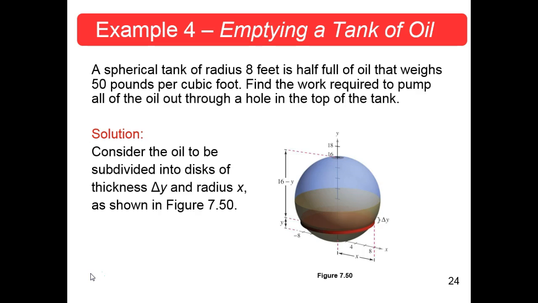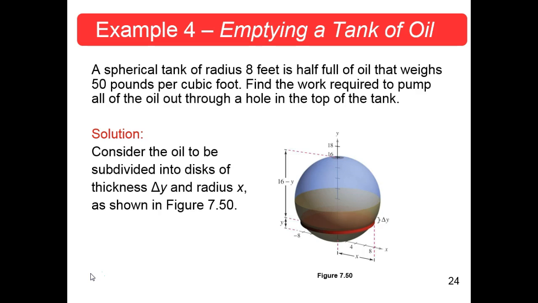Okay, radius 8 feet, and what they have drawn here is the XY axis. The X is at the bottom of the tank, which is a good place for it, and the Y axis is going right up the center of the tank.